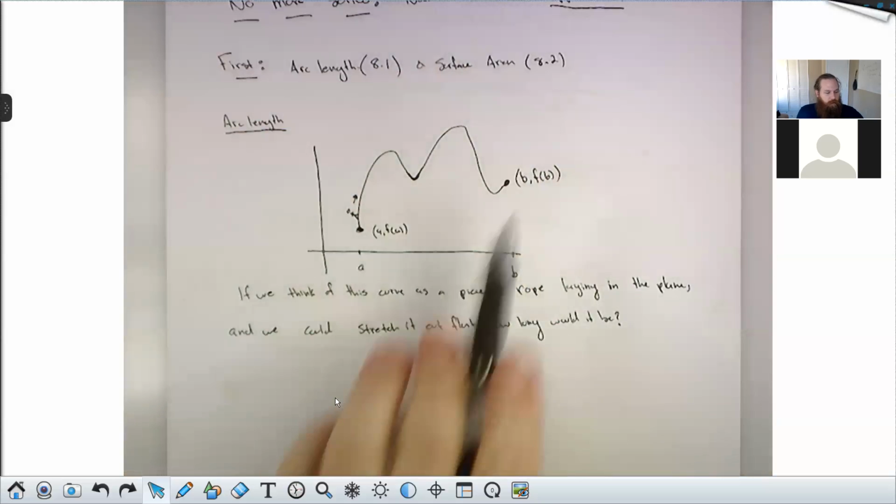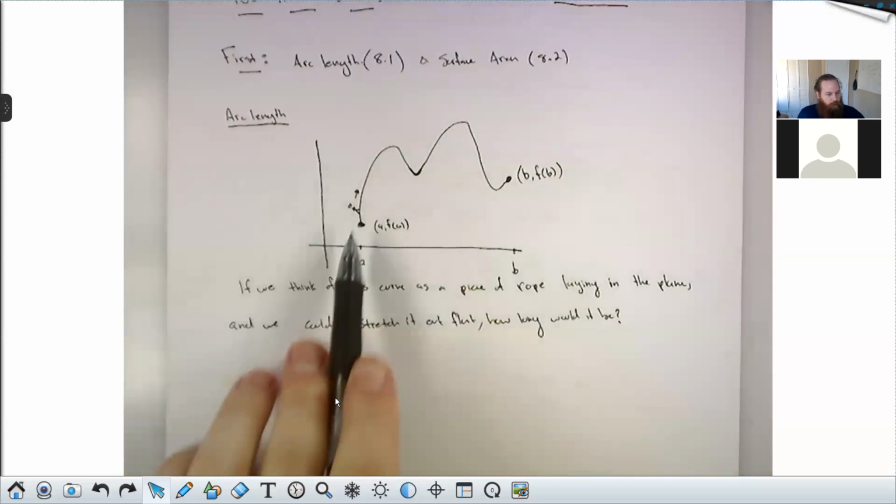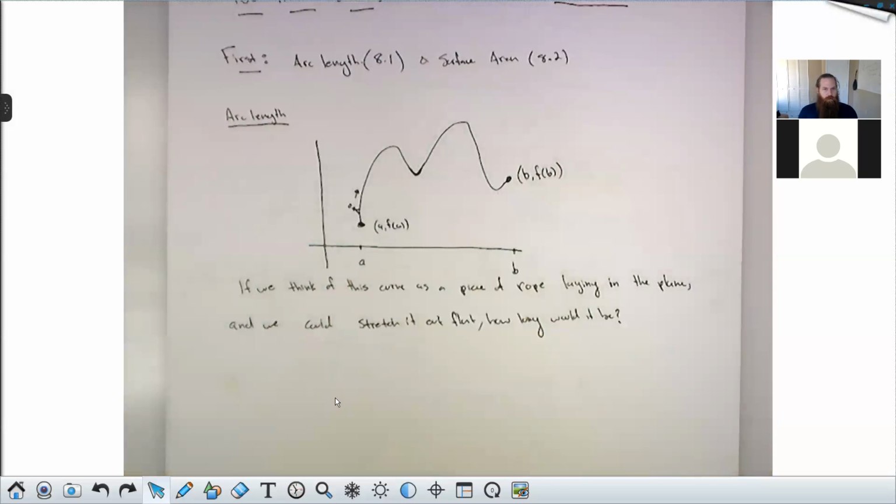It's not the same as taking the straight line distance from A, f of A to B, f of B, because we go on this wandering journey through these hills and valleys. The straight line distance would certainly be shorter than the arc length.